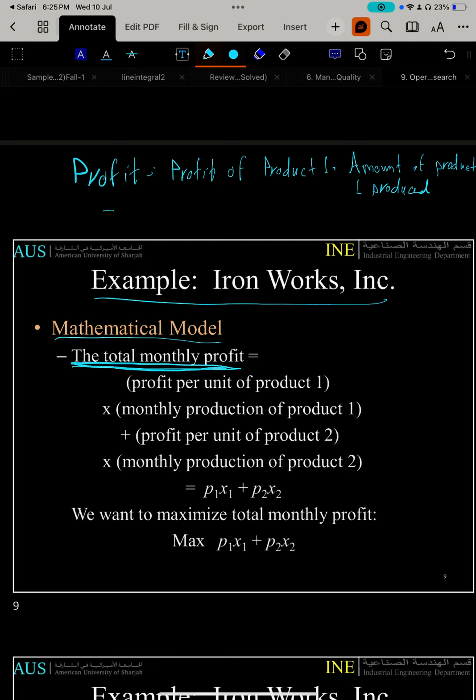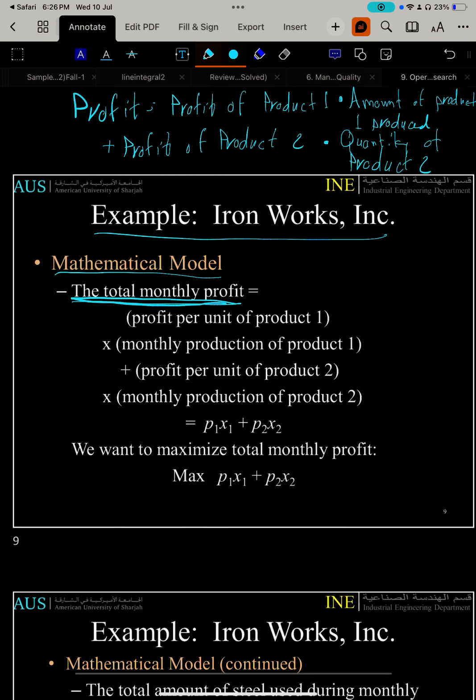Now talking about product 2, the profit of product 2 is basically going to be the profit times the quantity of product 2. And that's our total profit.